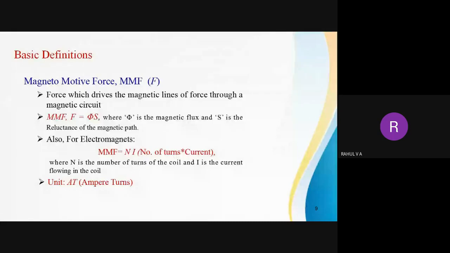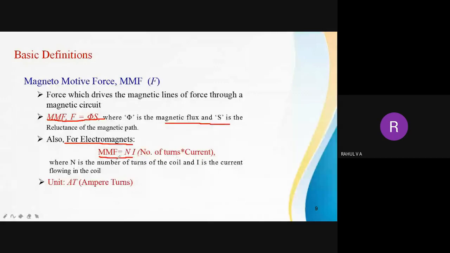So there are two equations for that. mmf F is equal to phi into S, where phi is the magnetic flux and S is the reluctance of the magnetic path. And for an electromagnet, the same mmf is equal to N into I, number of turns into current.